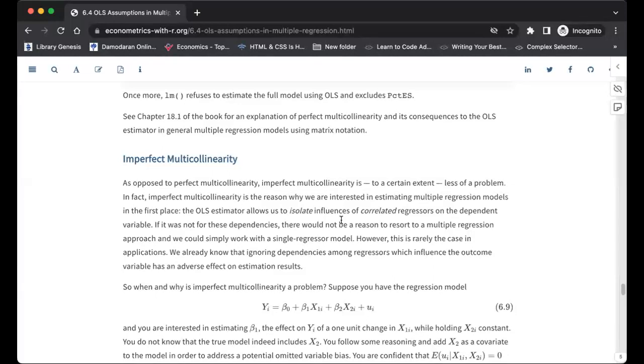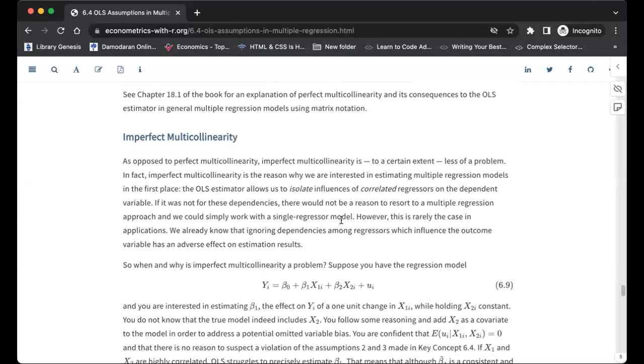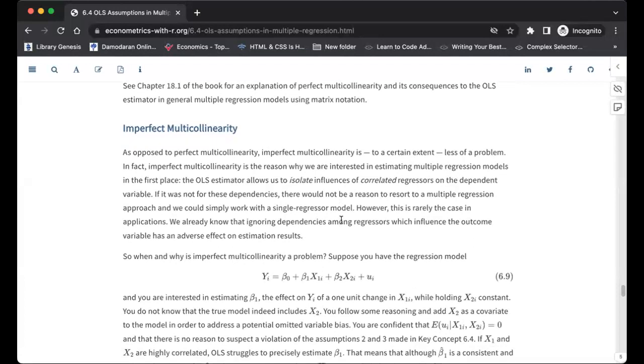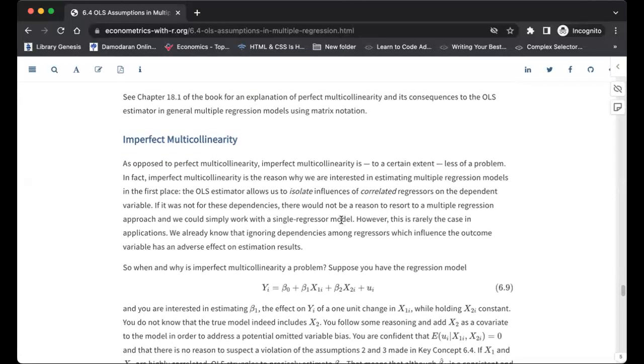The problem with imperfect multicollinearity is that it implies one or more of the regressor coefficients will be imprecisely estimated. So it will not necessarily lead to a bias in our OLS estimators, but it could lead to some imprecision of one of the estimates.